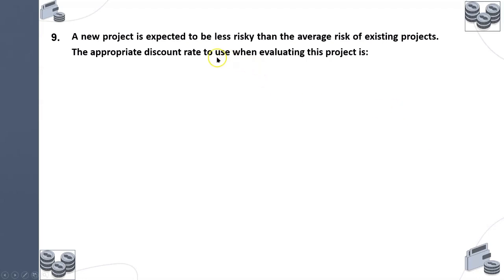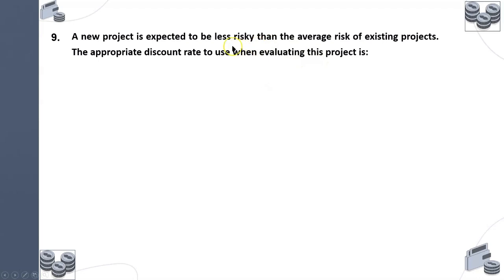Now, the point here is, if you recall from previous videos on this channel, I mentioned several times that there is a risk and reward. The higher the risk, the higher the expected return to compensate the investor for shouldering higher risk.